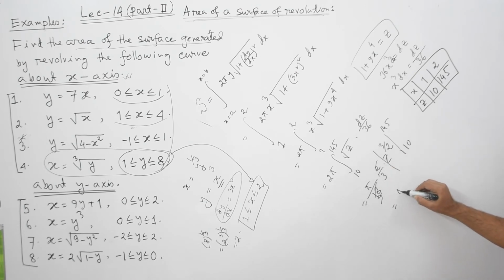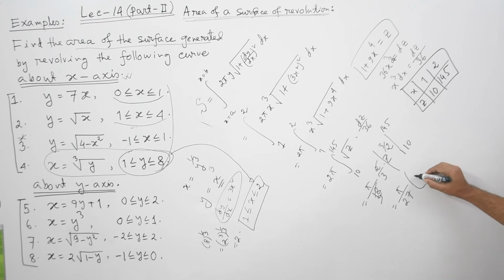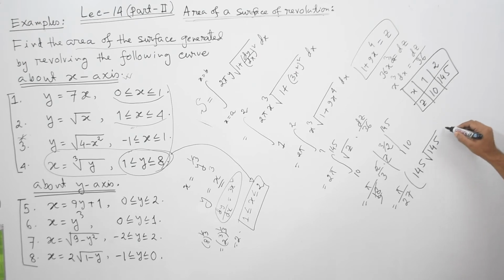So this equals pi by 27, and if I put the upper limit, I will get 145 root 145 minus 10 root 10.